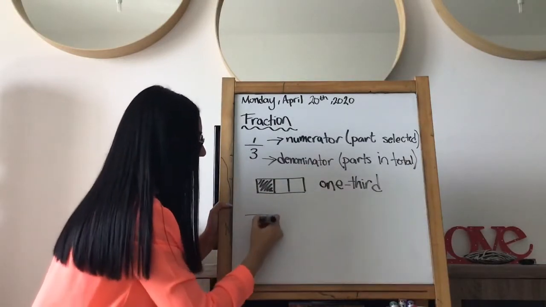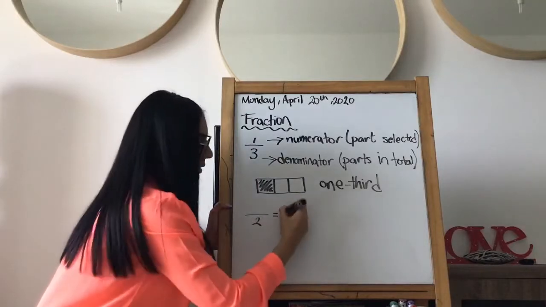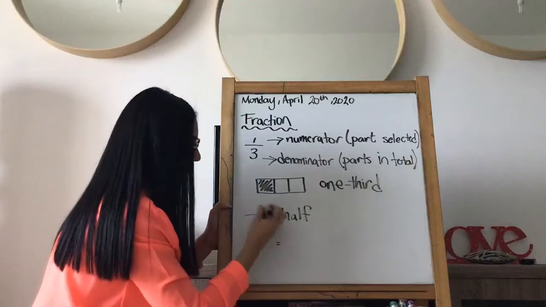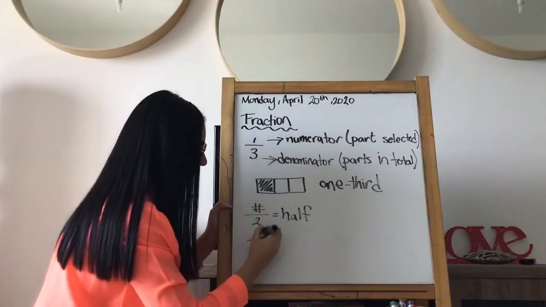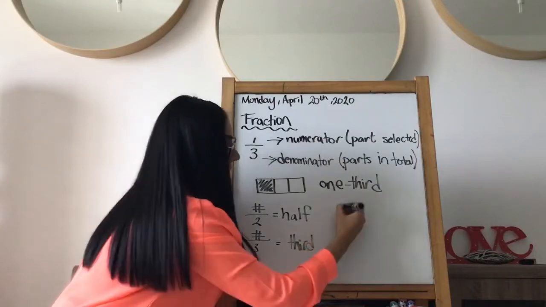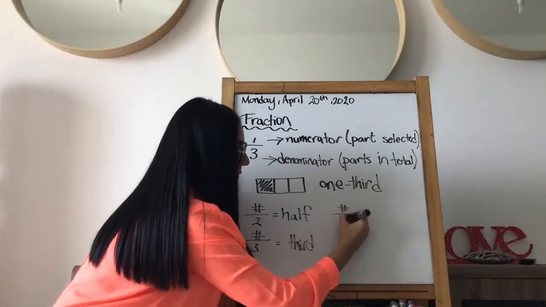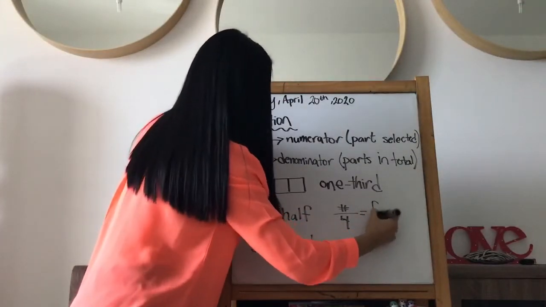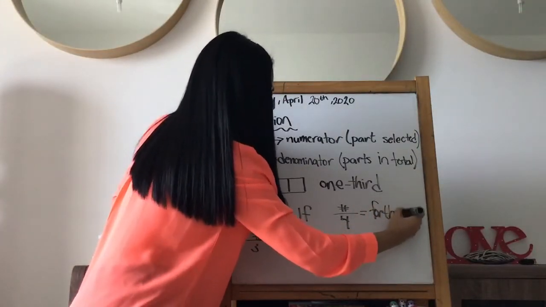Now, just so you remember the wordings: anything over 2 is what? Half. Any number over 3 is thirds. Any number over 4 is fourths, right?